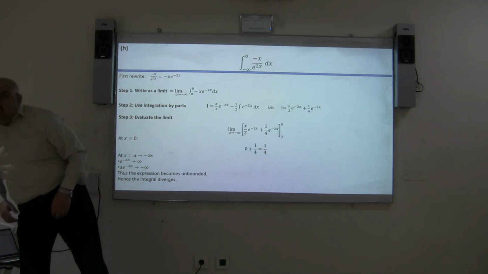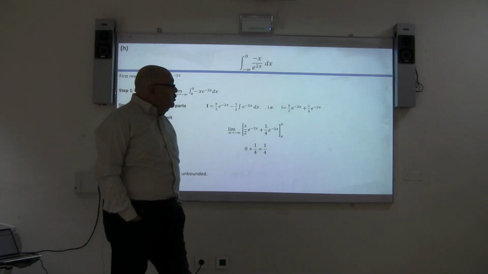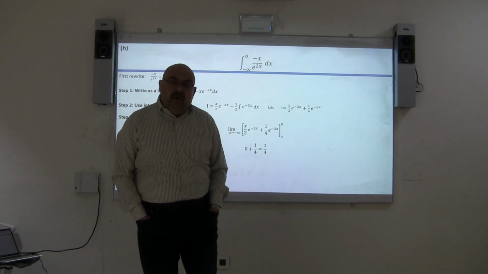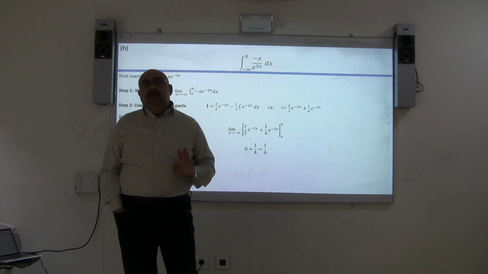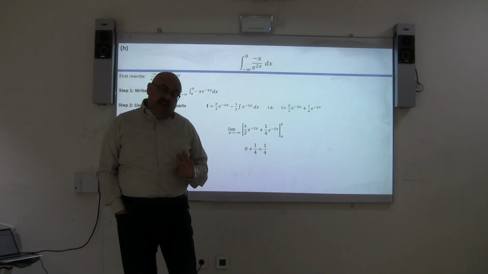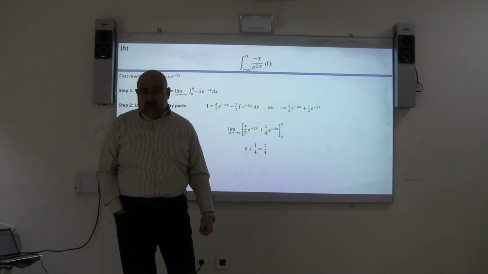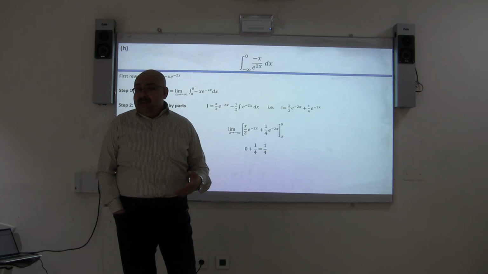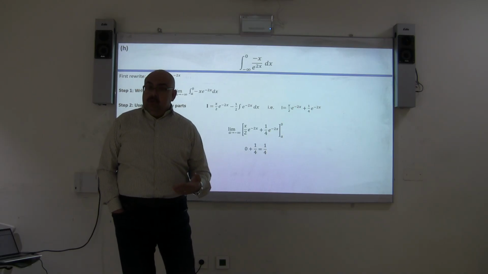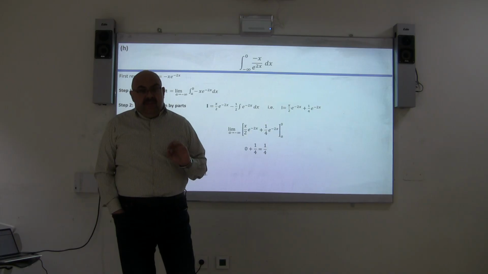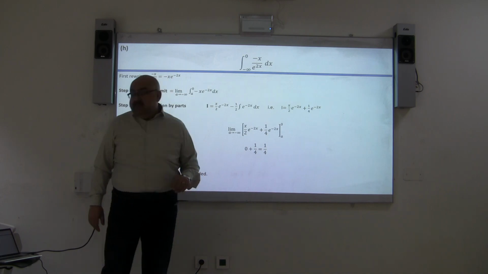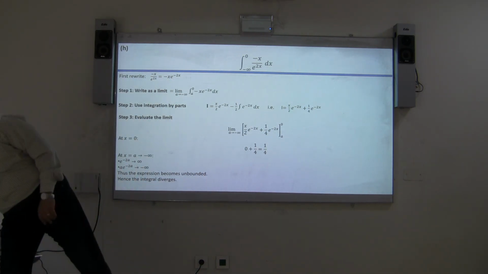From all of this, we come to the end of our course. I want you to remember that the antiderivative part is very, very simple. We went through the antiderivative of basic functions, then how to integrate by partial fractions, then integration by parts, then integration by substitution, then the area and the difference between the definite integration and the area, and then finally the improper integration, as you can see.